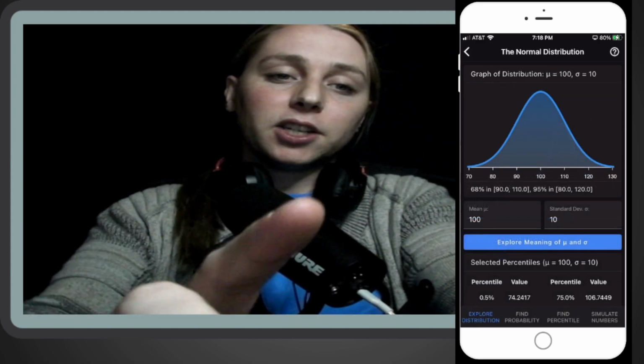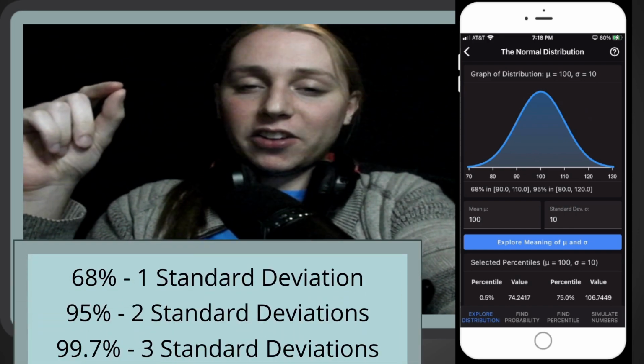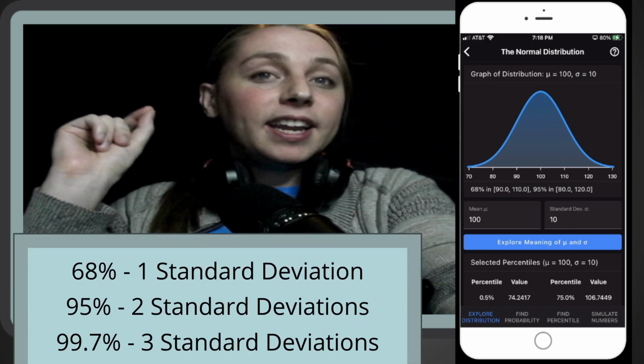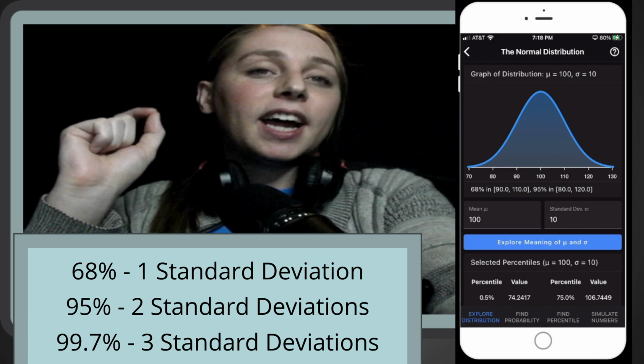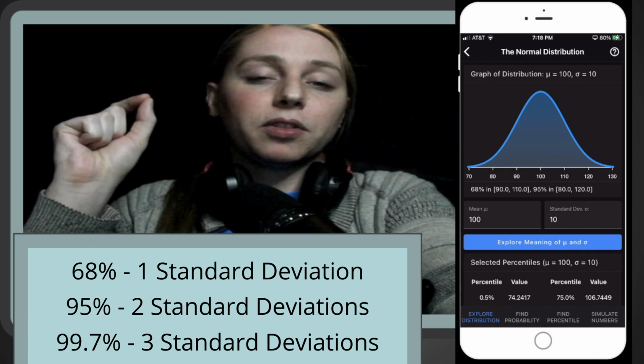So let's go back to the main page here, and the empirical rule tells us that 68% of the values are within one standard deviation of the mean, 95% of the values are within 2 standard deviations of the mean, and 99.7% of values are within 3.